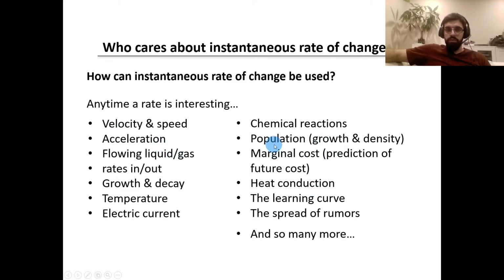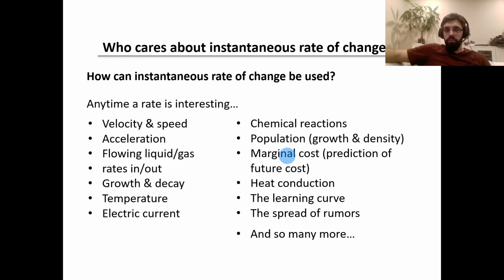Take population, for example. If you know your current population and the instantaneous rate of change at any given point, then it helps you predict what the next year's population is going to look like.